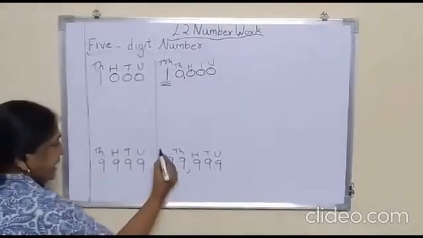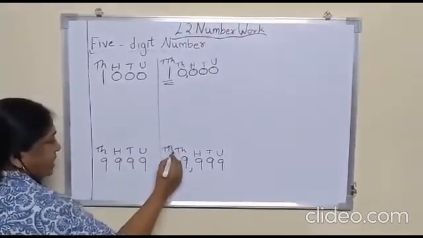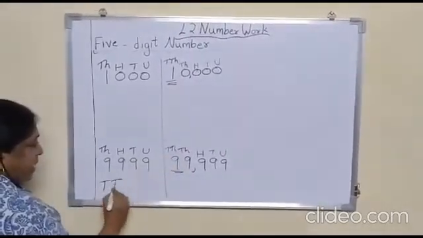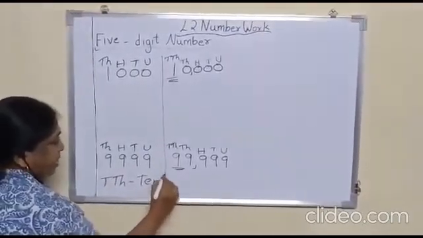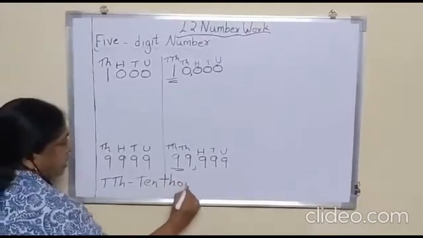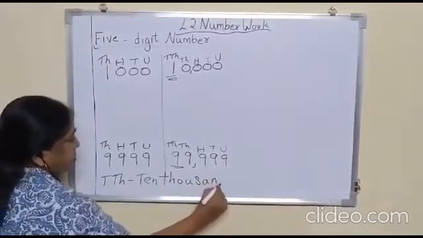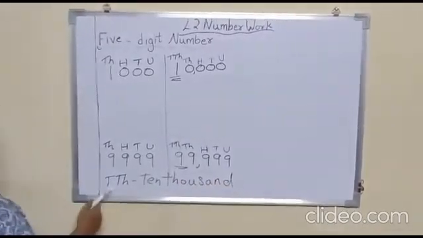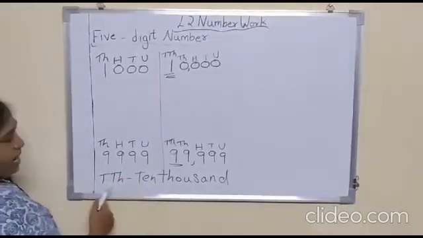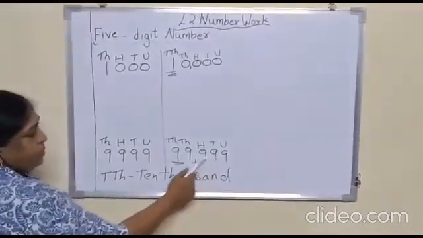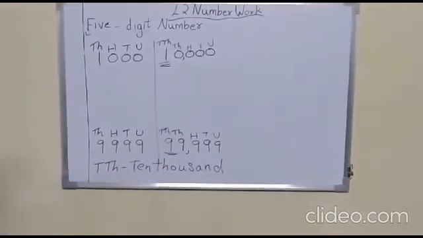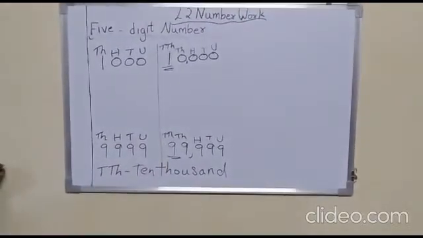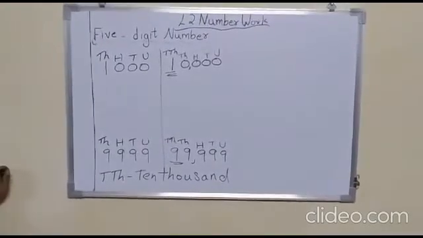That is TTH. The TTH stands for 10,000. Understood, children? So your five-digit number comes in the 10,000 place, that is five digits: 1, 2, 3, 4, 5. The smallest number is 10,000 and the biggest is 99,999.